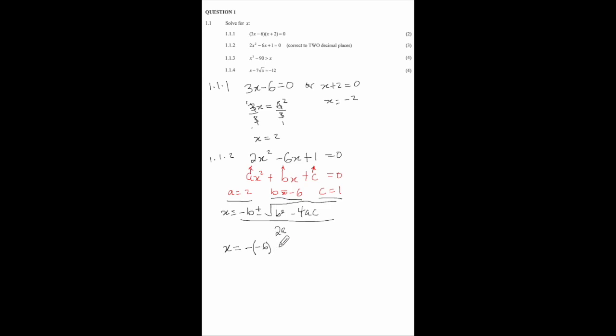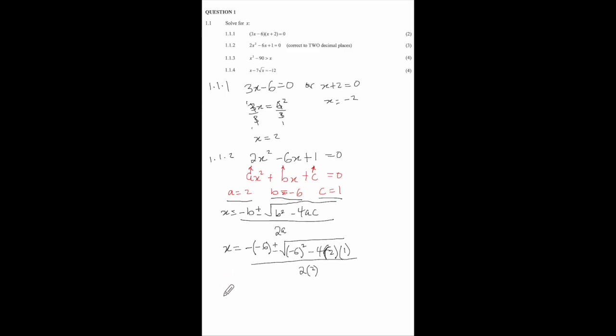I'll put it in brackets like this, and then plus or minus the square root of b squared, so that's negative 6 squared, minus 4, so a is 2 and c is 1, and then all that over 2 by a, which is 2.